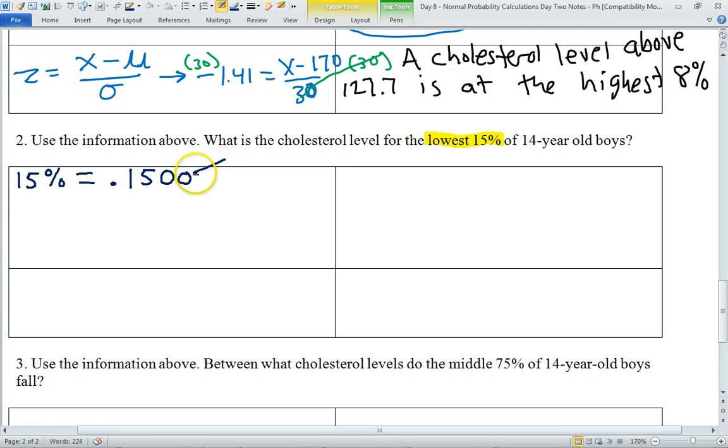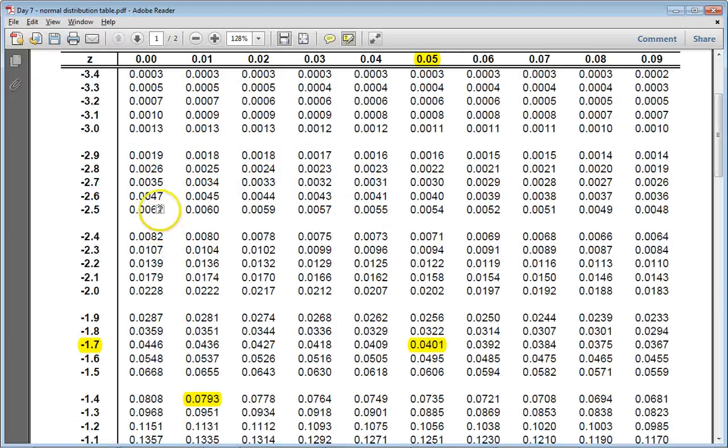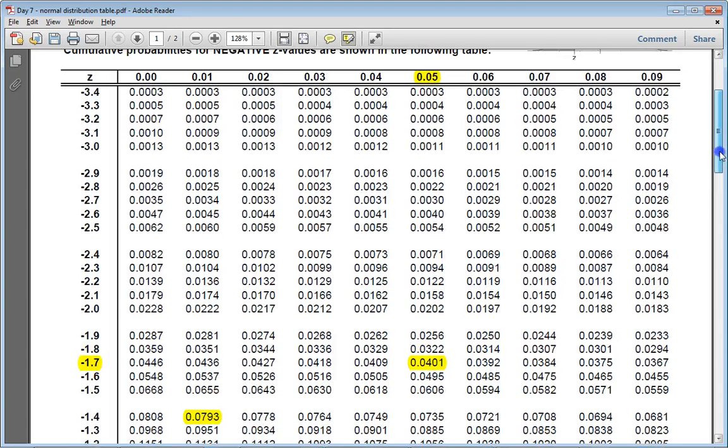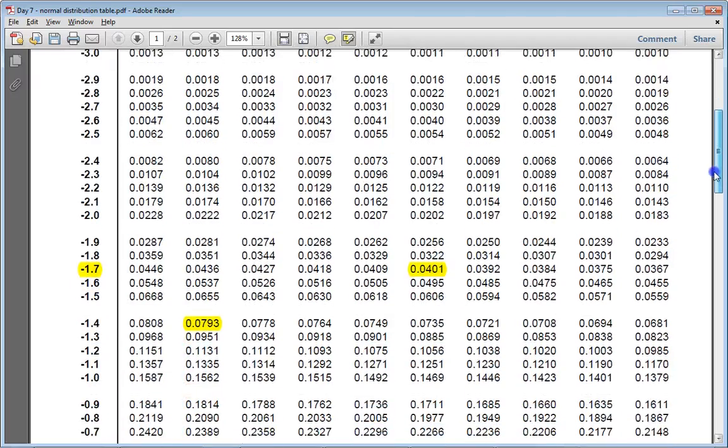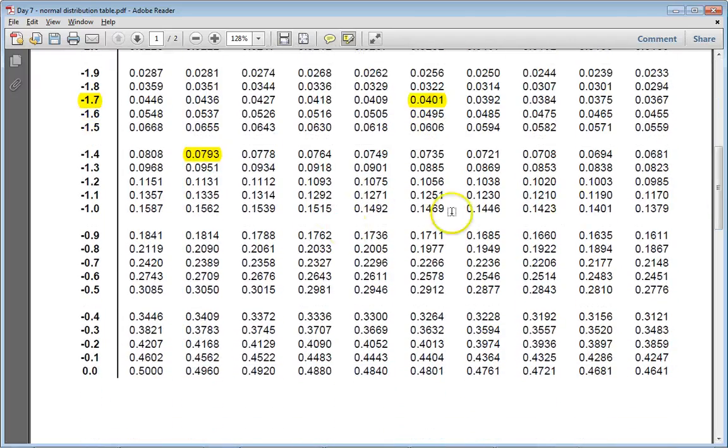Let's find this on the chart. Okay, let's go to the chart. 0.1500. I feel like I'm in the right area. There's my 0.1492, that's pretty close, and then 0.1515.